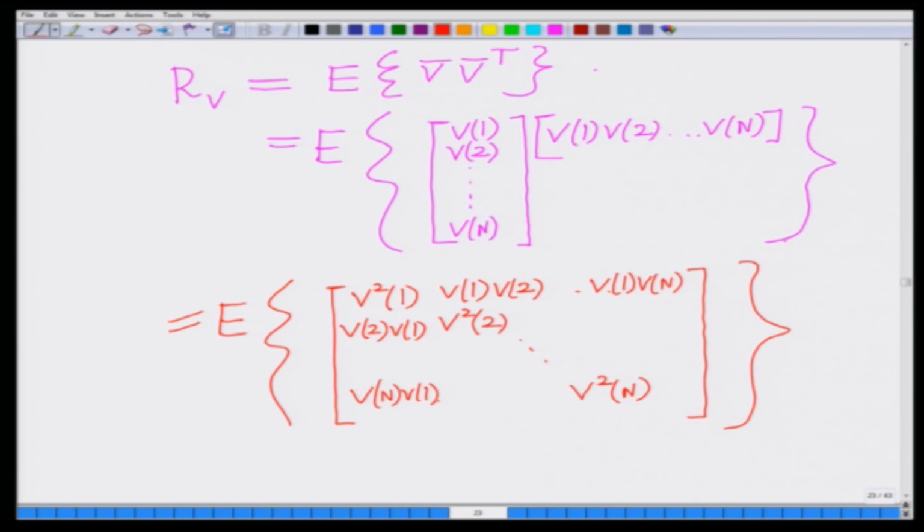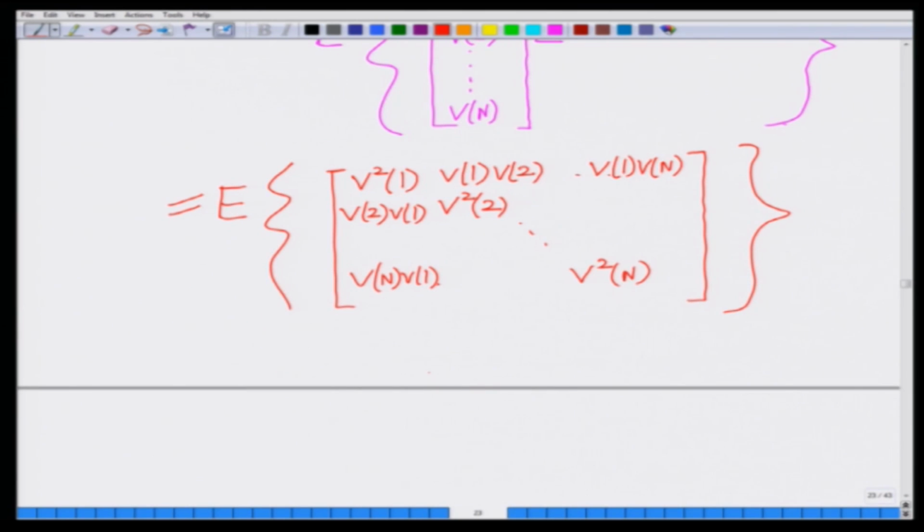And now, if you take the expected value inside, you can see that the expected value of each of these diagonal elements, V square 1, V square 2, V square n, so on, is sigma square, while the expected value of the off diagonal elements is clearly 0, because the different noise samples are independent.